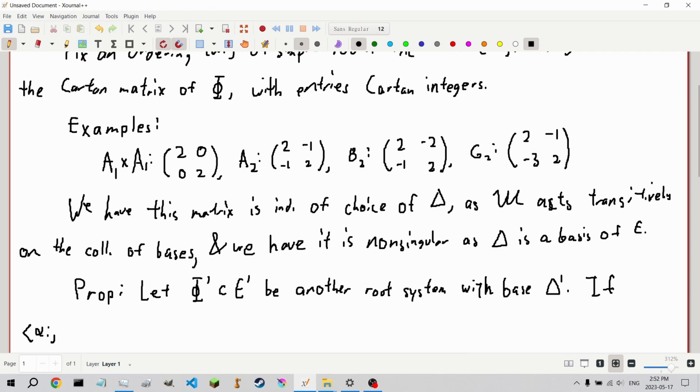That is, the angle bracket of alpha i and alpha j is the same as alpha prime i, alpha prime j for some ordering of the second base.